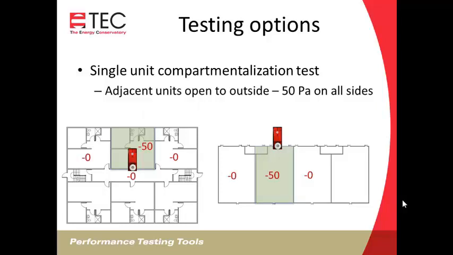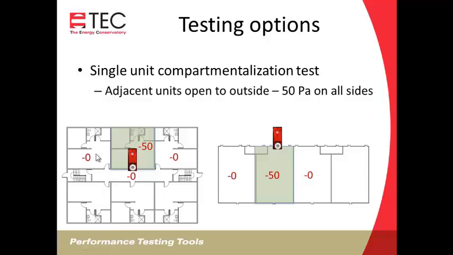So this is showing an example of where you have the adjacent spaces. The center one is our test unit that's in blue with the blower door set up to the hallway, and we're depressurizing that to negative 50 pascals with reference to the outside.